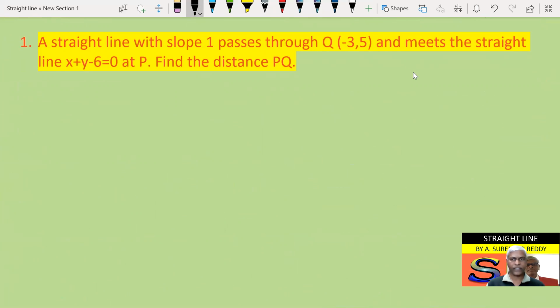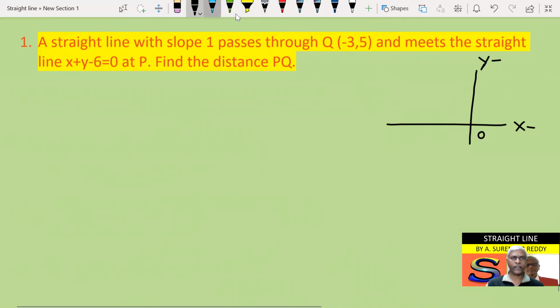Now let us draw the figure. Let us take this as the x-axis and this as the y-axis. A straight line passing through Q, like this.